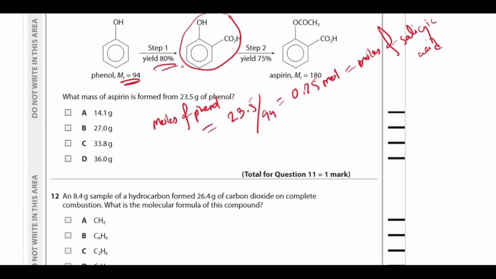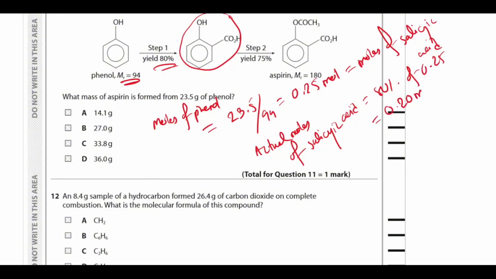If you want to find the actual moles of salicylic acid produced, in reality we just do 80% of 0.25, which is going to give us 0.20. So that's the actual amount of salicylic acid being produced.